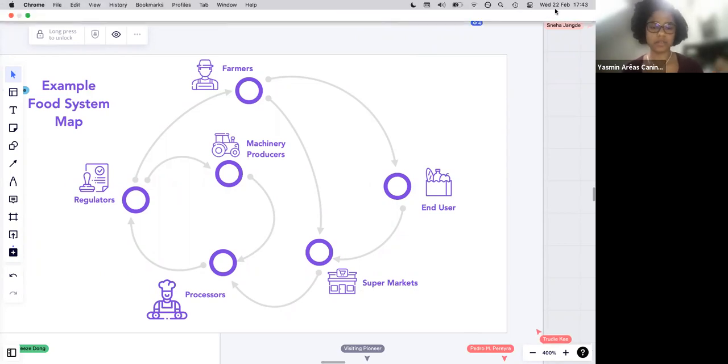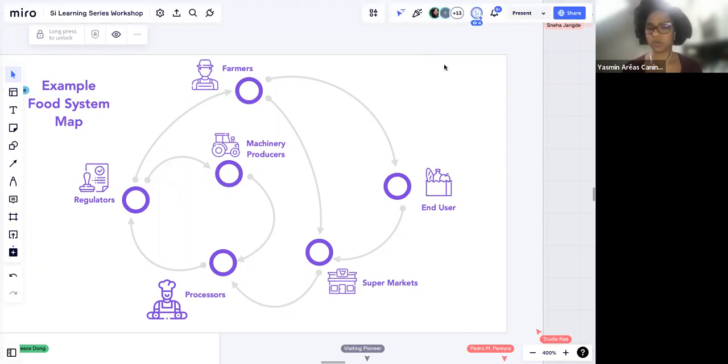We have, of course, the farmers, the supermarket, but what about regulatory bodies? What about machinery producers? What about processes? And what about the consumers, the people actually buying these products? All these things are interrelated, and they all contribute to the dynamics inside the system.